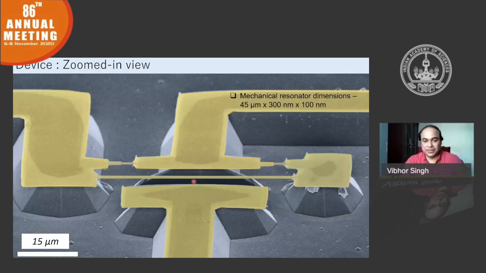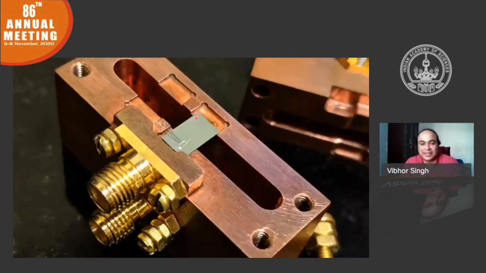Okay. So for this experiment, what we do is put this fabricated chip inside a 3D cavity, which is nothing but just a rectangular metallic box, and the dimensions have been chosen such that it has a resonant frequency near 6 gigahertz.